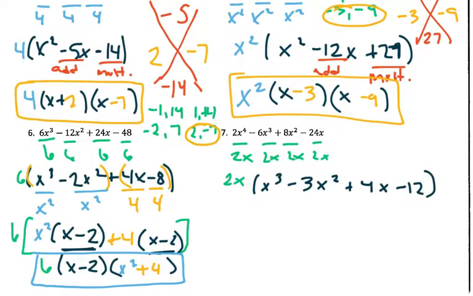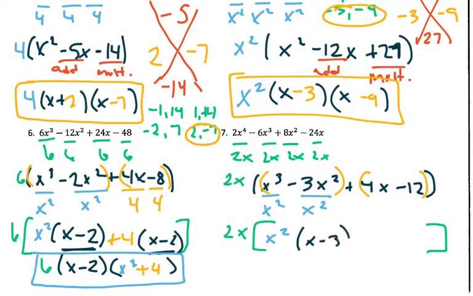Then we go through and group the pieces, so these two and these two. And the GCF of this first piece is going to be an x squared. Remembering that 2x is still way out front. And so the x squared will divide out of that second piece, and we'll be left with an x minus 3. And then to that second grouping, we have a 4 that can come out. So plus 4 and our leftovers of x minus 3.